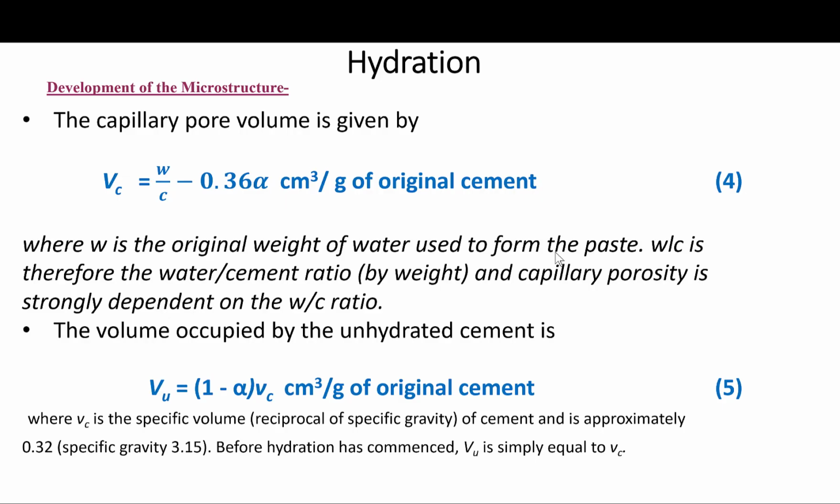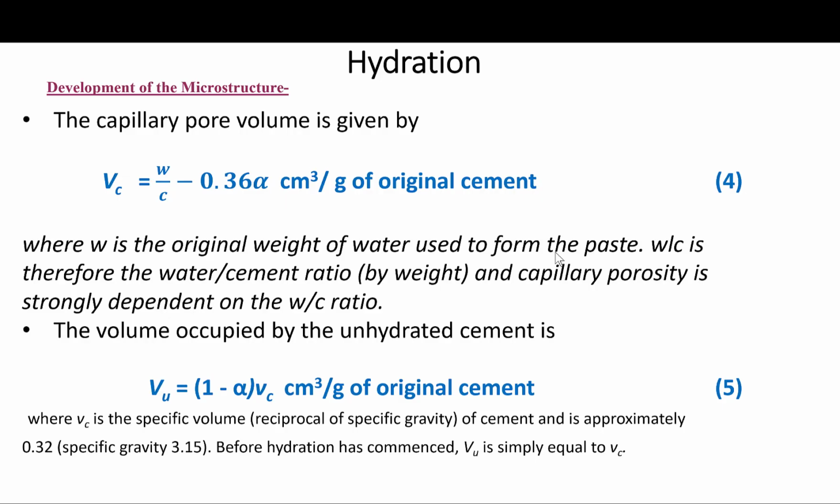Which is V sub C equals W over C minus 0.36 alpha, where W is basically the original weight of water used in the paste, and W over C is therefore the water cement ratio by weight. And the capillary porosity is strongly dependent on the water cement ratio.